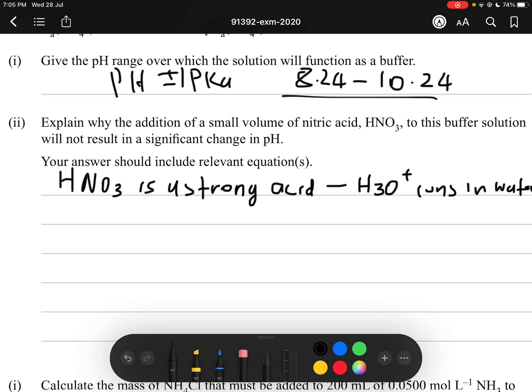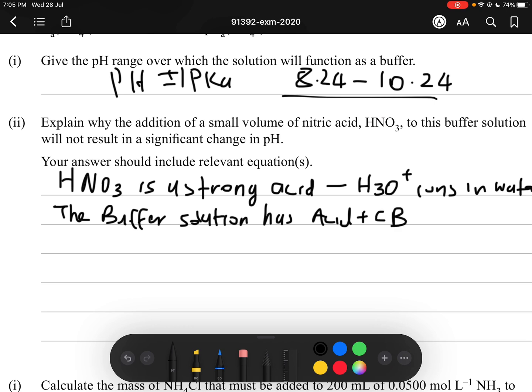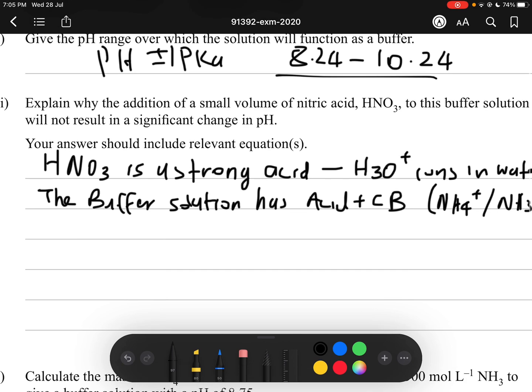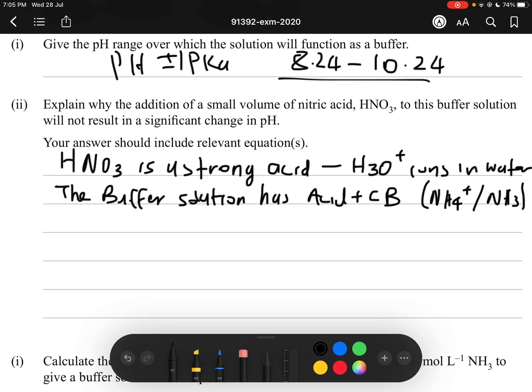And we can say that the buffer solution will contain both the acid and its conjugate base, I'll just abbreviate it to CB. So we have acid and the conjugate base, that's our NH4 plus and NH3. And we know that some of the hydronium ions is going to react with that NH3.